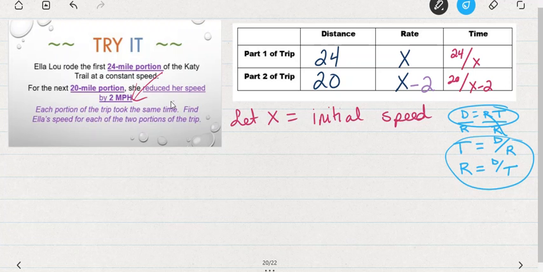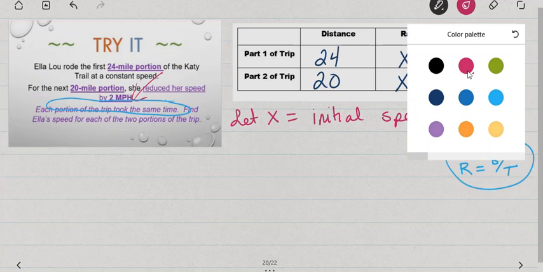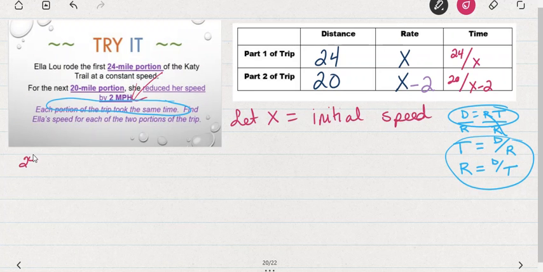We're given that each portion took the same amount of time. So what I can do now is write a proportion with 24 over x, that's our first time, equal to 20 over x minus 2, our second time.